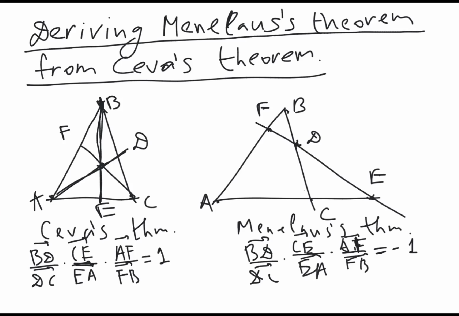But it turns out that we can derive one from the other. In the previous video I showed how to derive the Ceva's theorem from the Menelaus theorem, and now I'm going to show you the other way around, how to derive the Menelaus theorem from the Ceva's theorem, and this is more difficult.